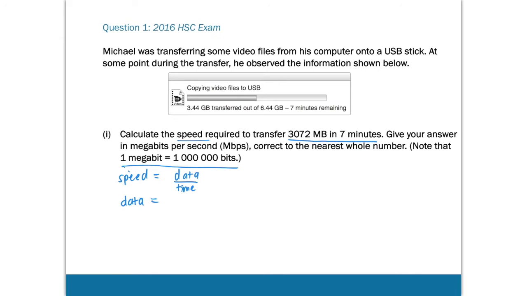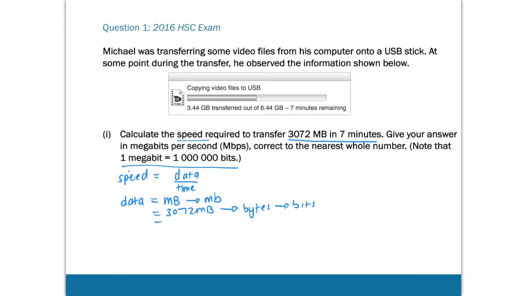Our data, we have to convert it from megabytes into megabits. So 3,072 megabytes into bytes, then into bits.